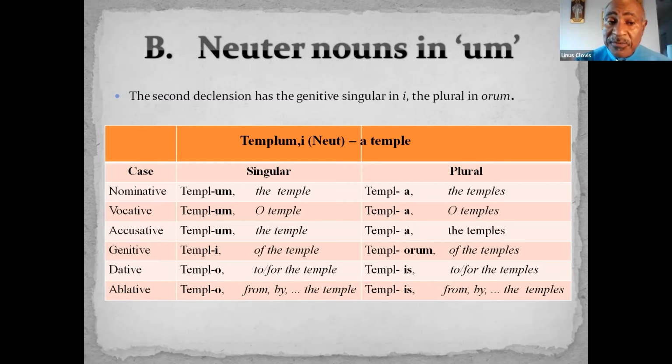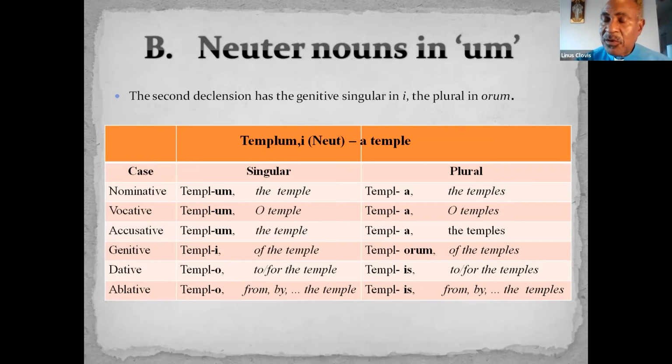The accusative, that's when it's the object. Okay, he knocked down the temple. So it's templum. So the accusative, vocative, and nominative are exactly the same. And the same applies for their plurals. The plurals are going to be exactly the same, templa, for all three.